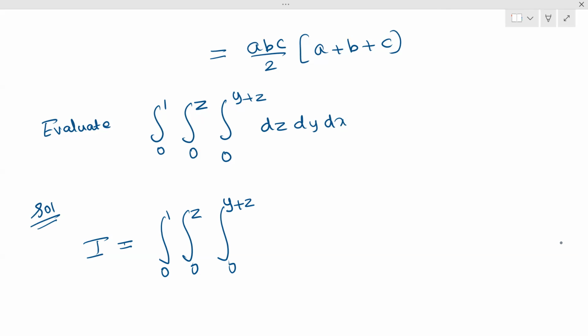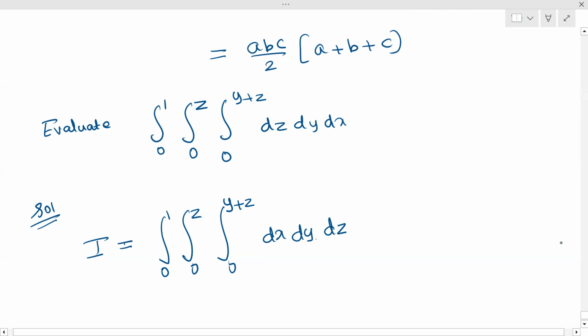So definitely the last integration is with respect to z only. Then only when we apply the limit will we get a function of z. See here, the first integration is with respect to y and z. The z portion is over. The remaining is y. So the middle one is y. So the first one is dx.